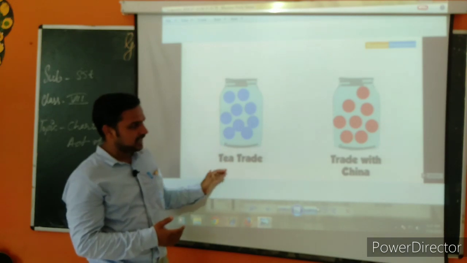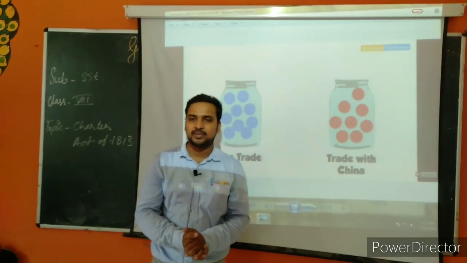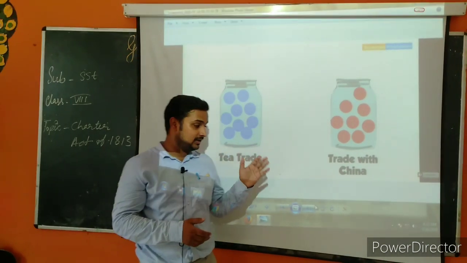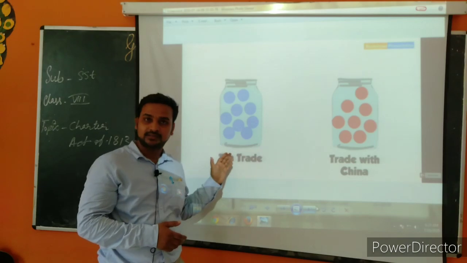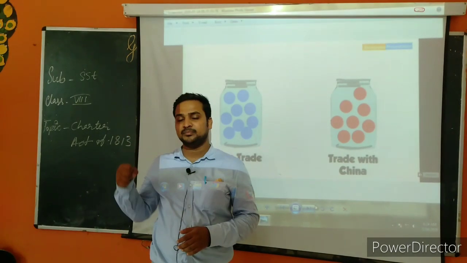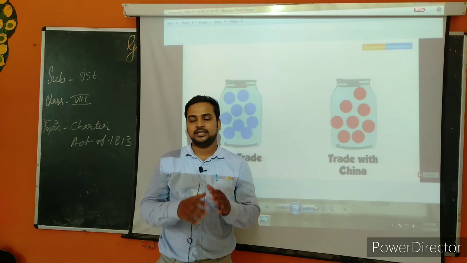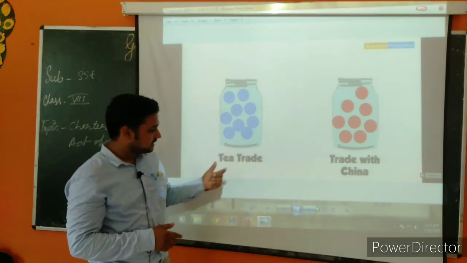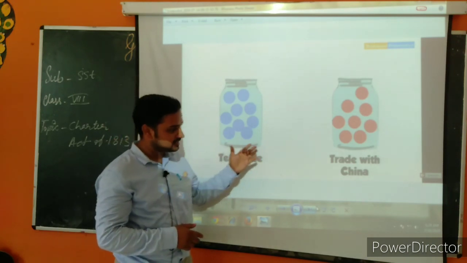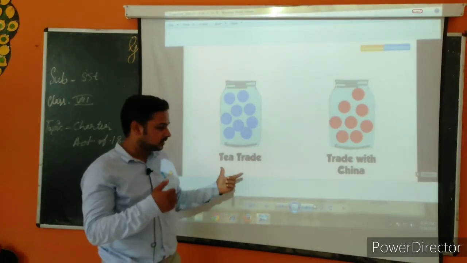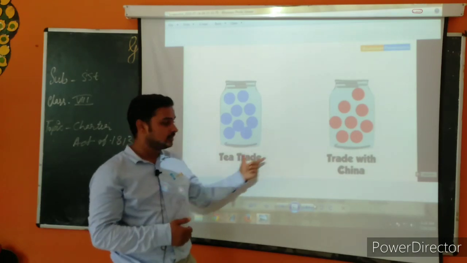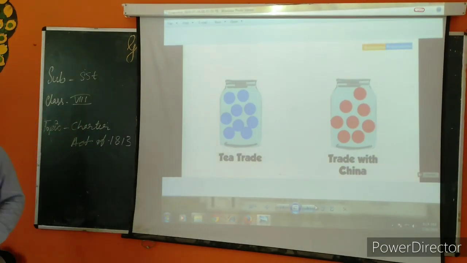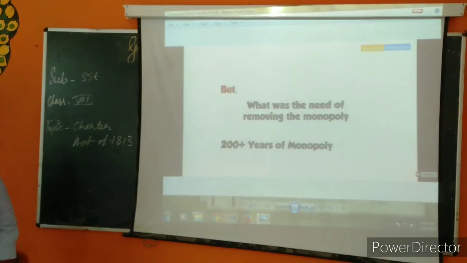However, you understand that the monopoly of trade was given to the Englishmen by Queen Elizabeth, and then because of the Chartered Act of 1813, the monopoly was taken back from England and distributed among all the European countries, but the tea monopoly remained the same, and Englishmen were responsible for the trade of tea. They used to export it to China. So basically this had taken place.